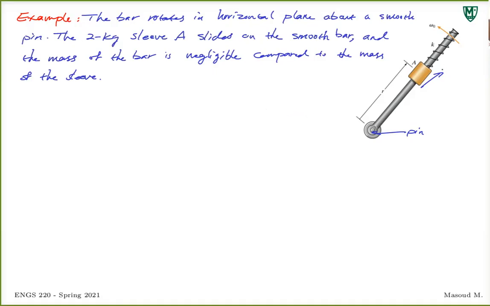We are given the stiffness of the spring. I'll just put it here. K is equal to 40 Newton per meter.